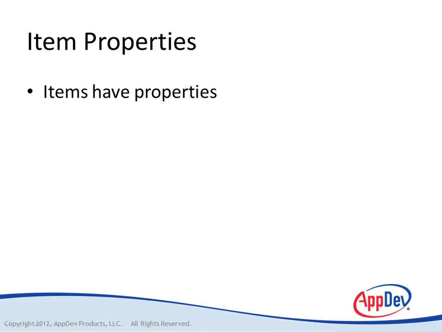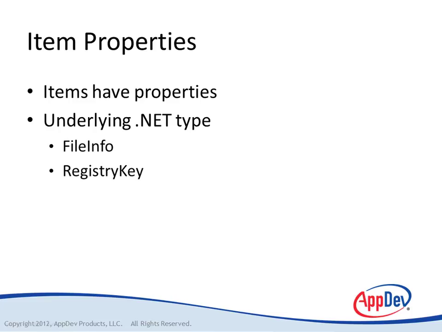Most types of items have properties, and the property of the item is going to depend on the underlying .NET type. And so, for example, we have file info in the case of files, registry key in the case of the registry, and in places like the environment, it's just a simple dictionary entry, which is name value pairs.